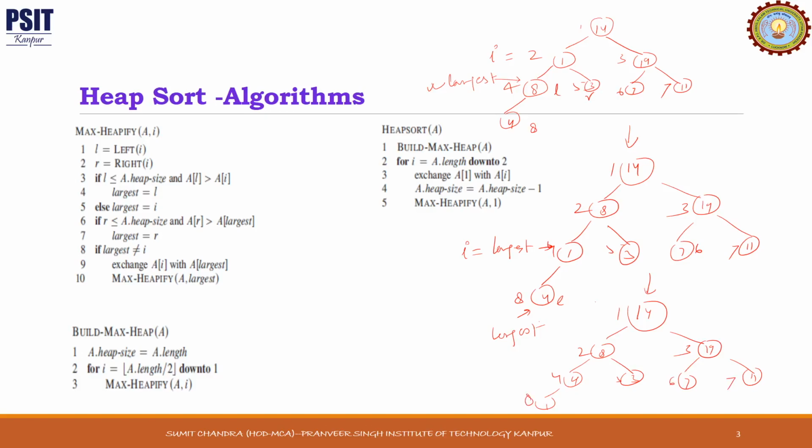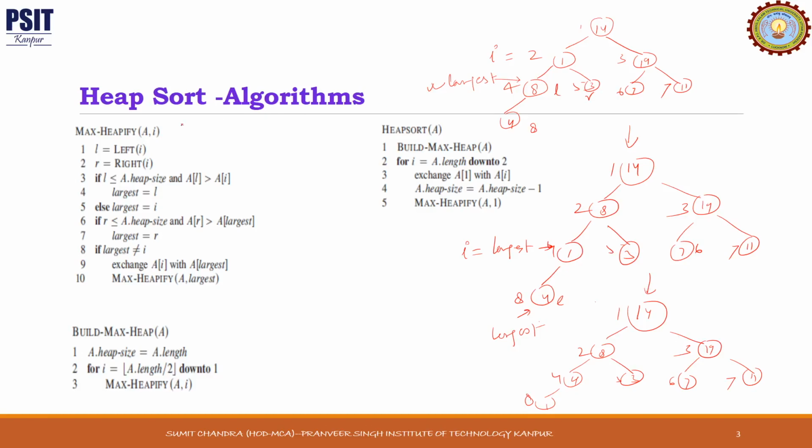Okay, so this is how Max-Heapify works. It takes an index as input from a given list, and it checks whether this is max heap or not, starting from that particular index.